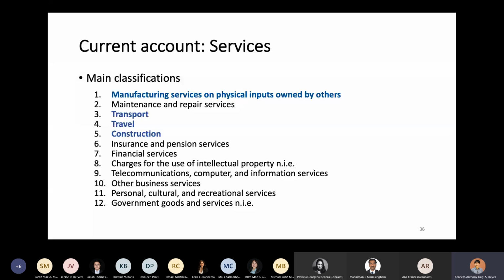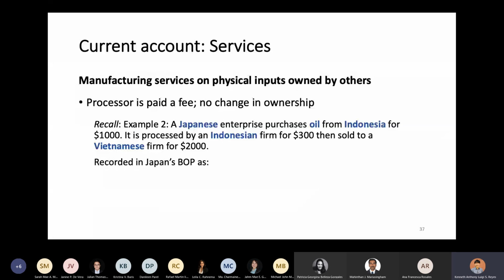Okay, manufacturing services on physical inputs owned by others refer to when you alter a good without you actually owning the good. So here's a concrete example. This is the example we looked at earlier. Let's say a Japanese firm purchases oil from Indonesia. So it bought the oil, now it owns the oil. And then it hires an Indonesian firm to process it.